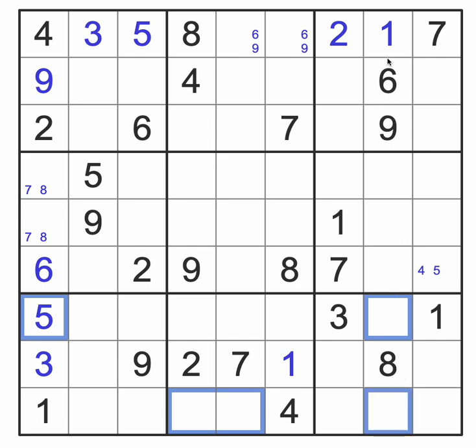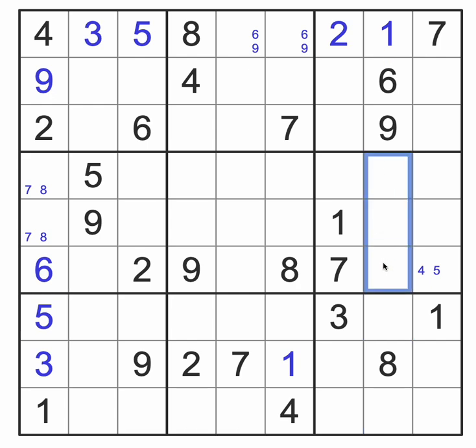So for column 8 to have 5, it has to be placed in one of these cells. Well, here's 5, so it will be here or here. So if I place 5 in here, there won't be any cell left for 5 on column 8. So this cannot be 5, which makes this cell 4.